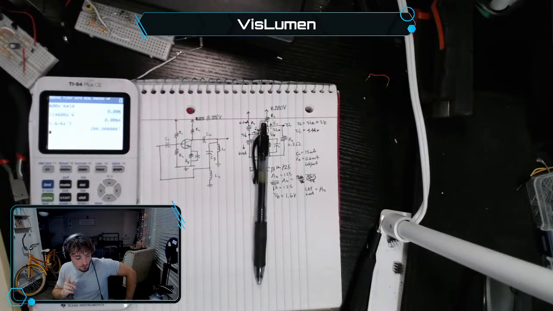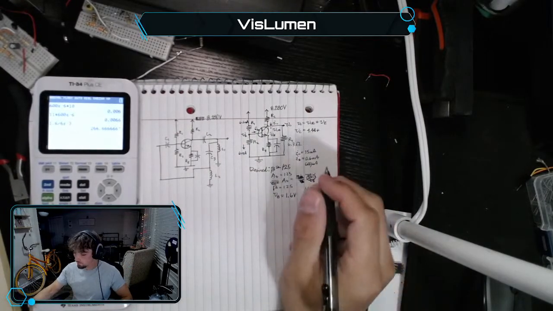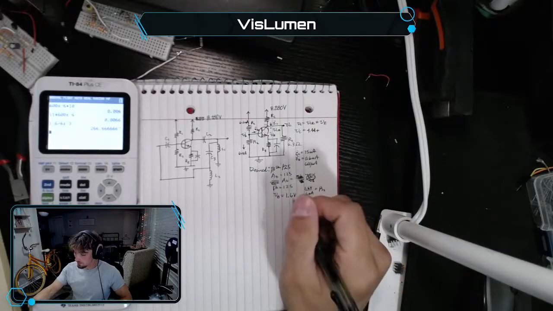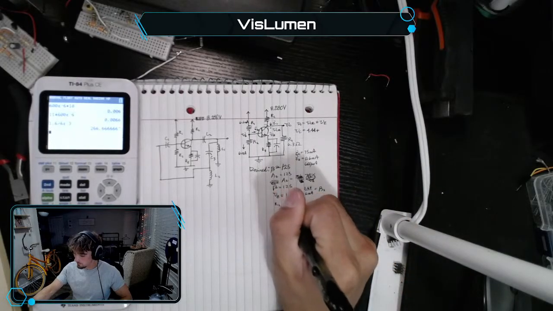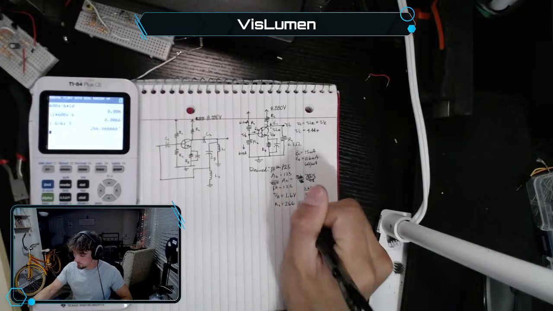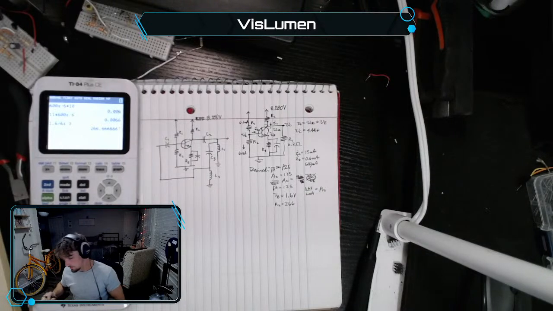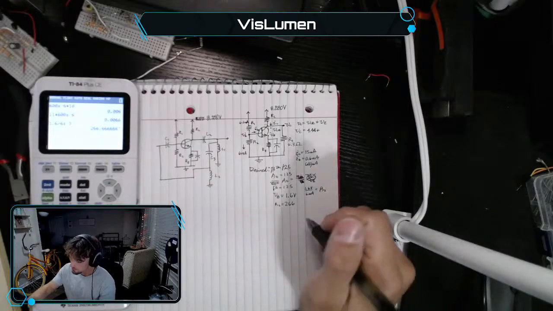That's the thing though. Let's just try it. Okay, so R2 equals 266. Well then, what's an actual value that we have? 220, 266, 330. I have a lot of 330s.